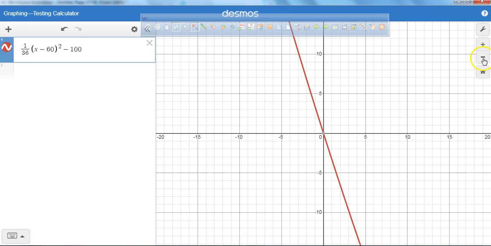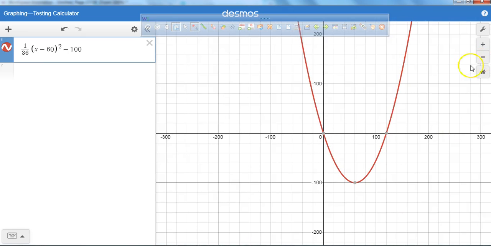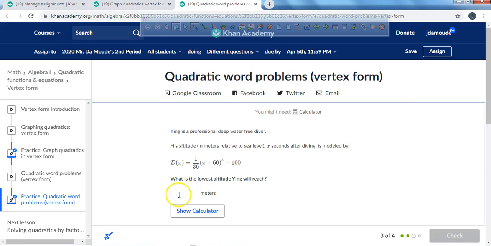There you go. Now you can see it a little bit better. So you can see here's our zeros, there's our y-intercept and a 0. Looks like after 120 seconds, he went back up and reached sea level. So we have 60, negative 100. So after 60 seconds, he reached a depth of negative 100 meters. And that's why the answer is negative 100.